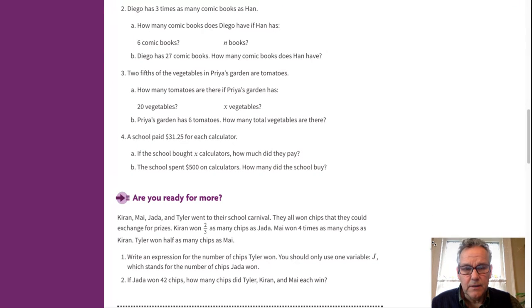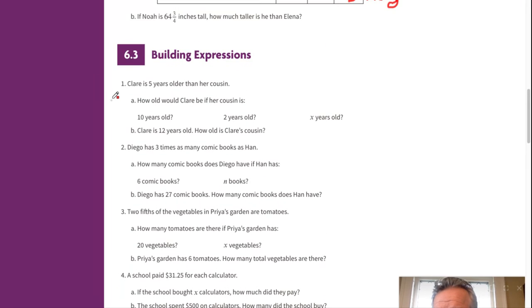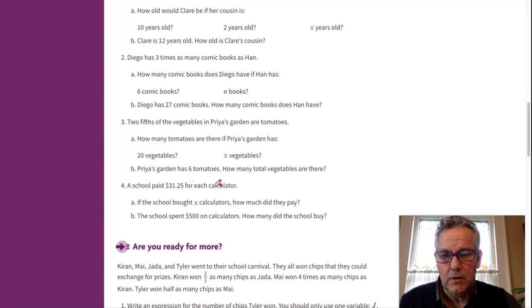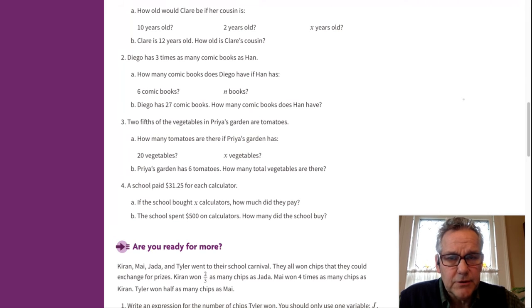Try to work with somebody to do numbers 1 through 4. Again, any work, please complete in your math notebook and or remote folder. If you have no one to do it with, just do the best you can, boys and girls.